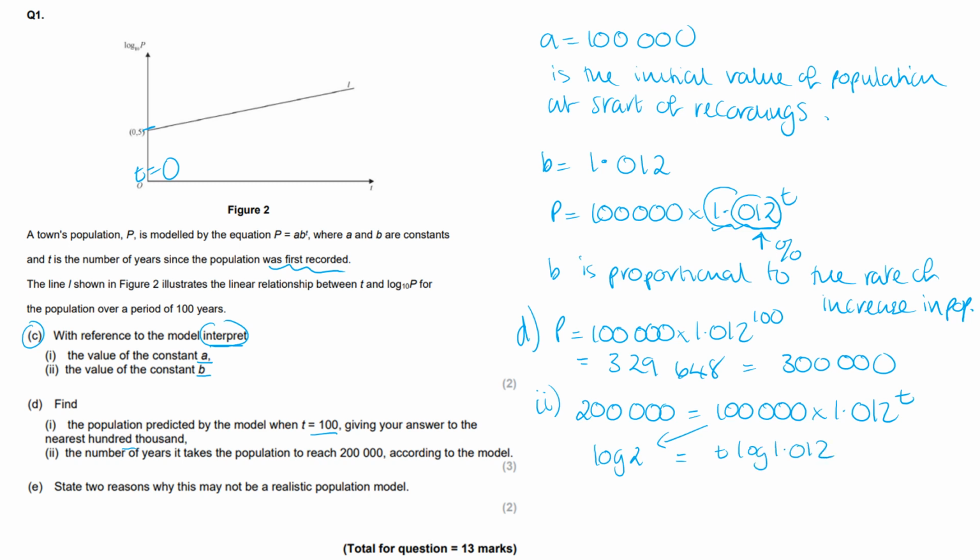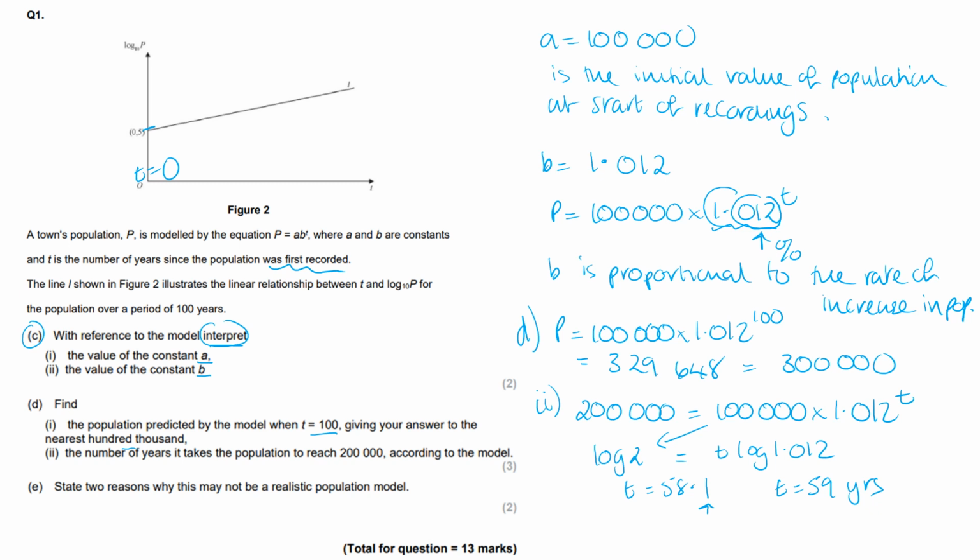Divide by the log of 1.012, t is equal to 58.1. So if t was 58, it'll still be under. It's going to take a little bit longer than 58 years, but t is equal to 59 years, and then the population will be over the 200,000, or at least reach it.